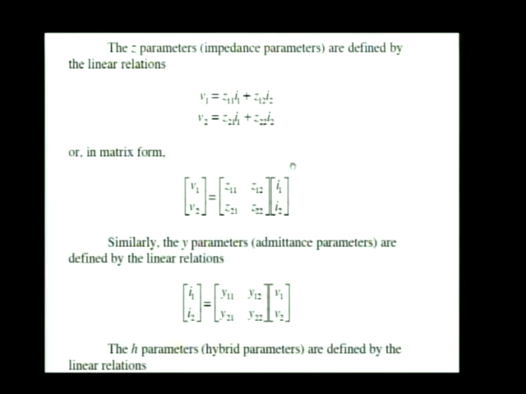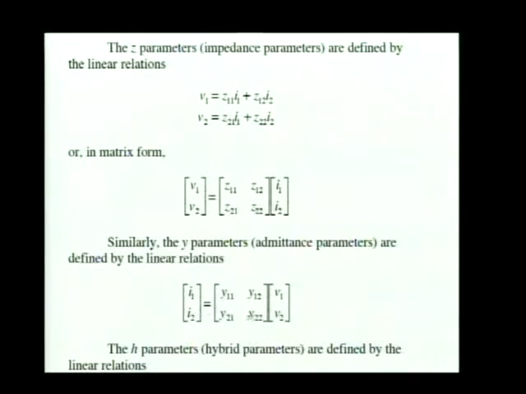However, you could say you wanted the exact opposite dependency. Let's say you wanted equations for the port currents in terms of the port voltages. So you're treating currents as the unknowns and voltages as the knowns in this second case. Well, then the most general possible form of the linear relationship that would give you the currents in terms of the voltages would be written in this matrix form.